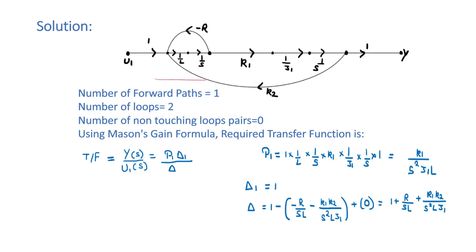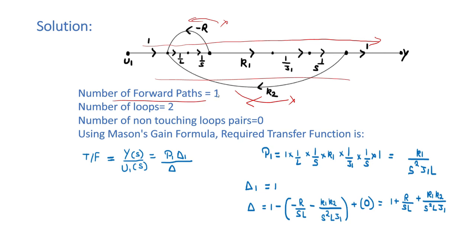So this was your signal flow graph, and first, the number of forward paths. The number of forward paths is only one, which is this. If you consider this, then this is your backward path, meaning feedback path, not forward. And here also this is your feedback, not forward. So the number of forward paths is 1, and then the number of loops.